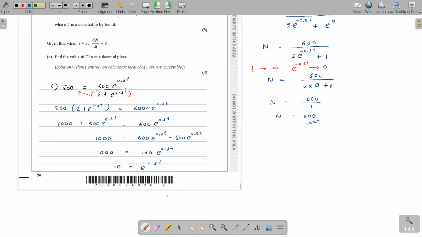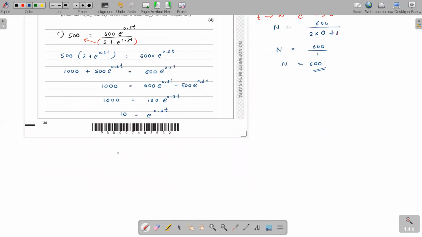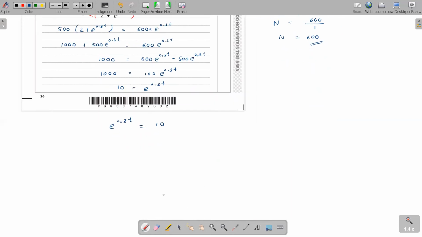So the final step is making t the subject. I think we need to turn index to log. Either you could put ln to both sides of your function, or you could directly turn index to log. So we can use log base e of 10 equals 0.3t.